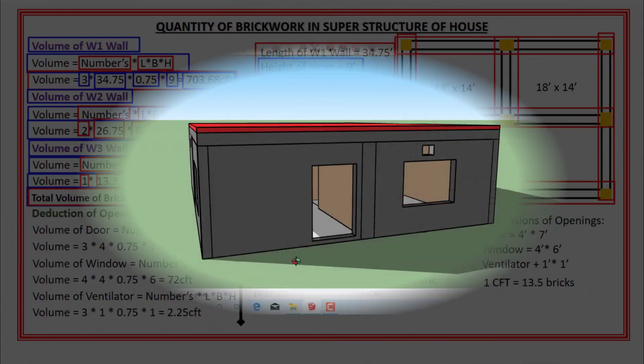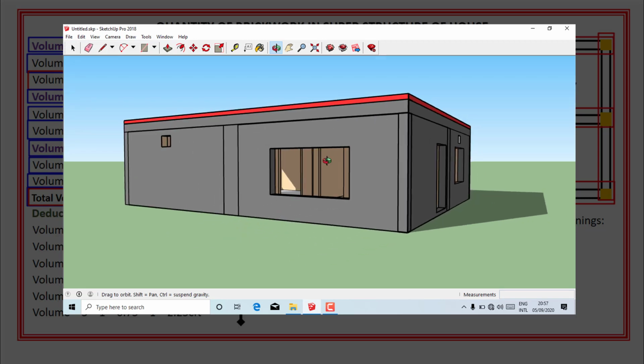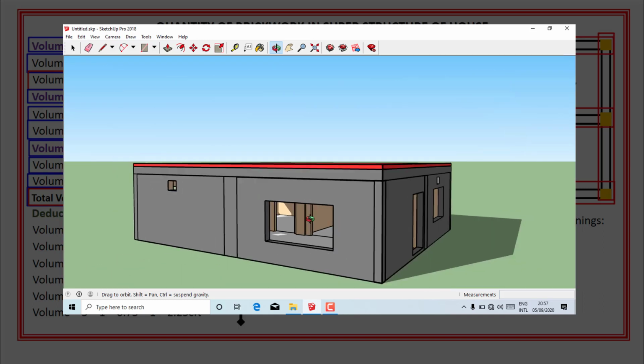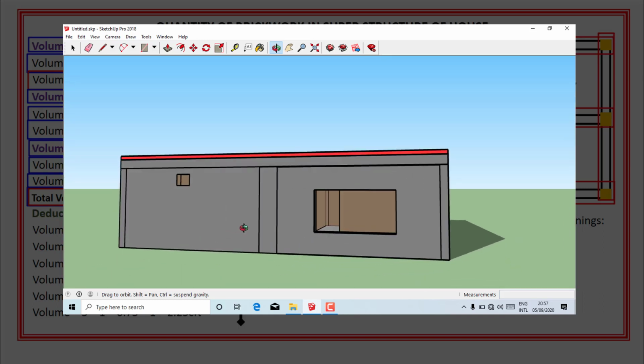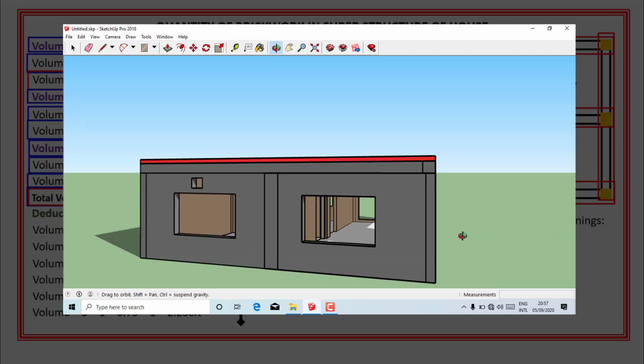Because if you look at the plan of the house, you can see that there are some kind of openings in the rooms and in the living room of this house. Okay. Now by openings, I actually mean doors, windows and ventilators.